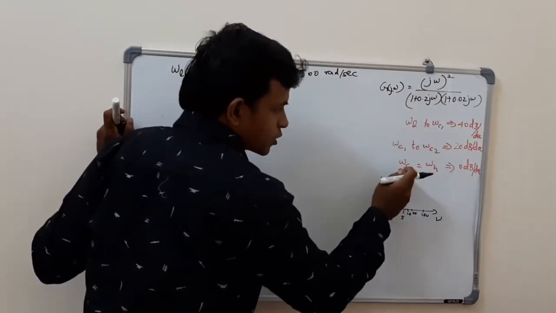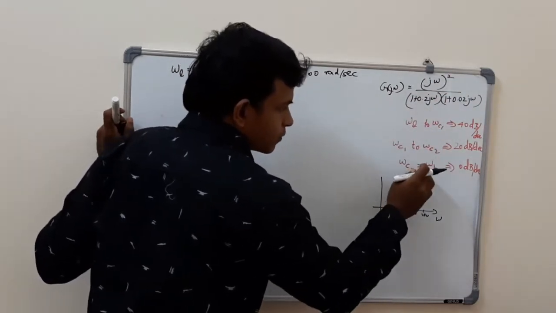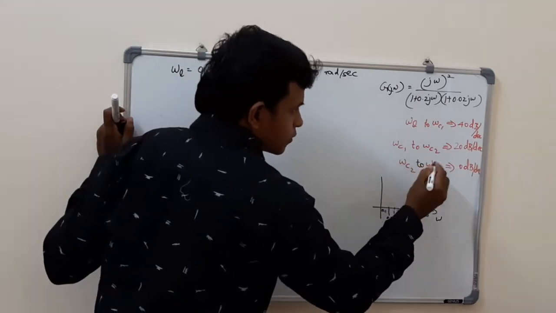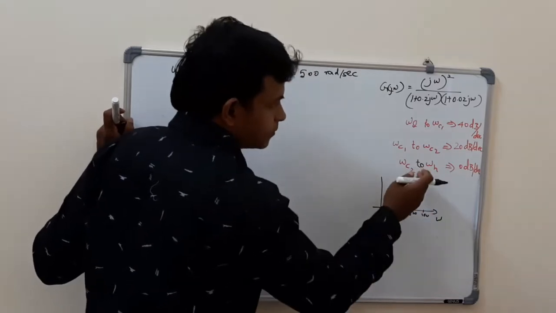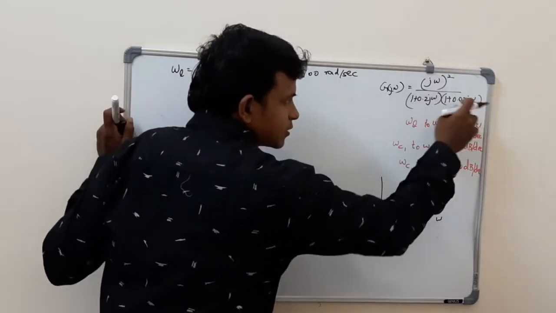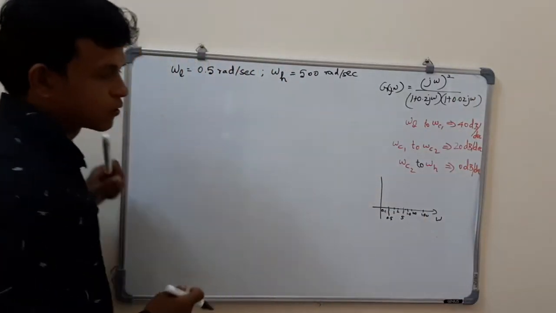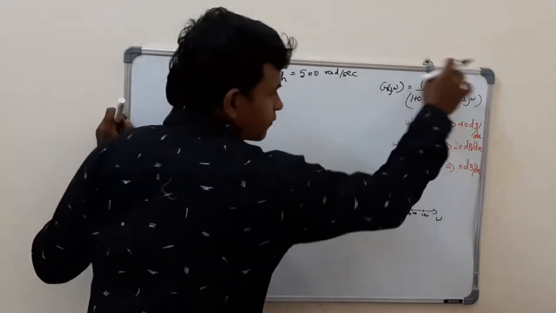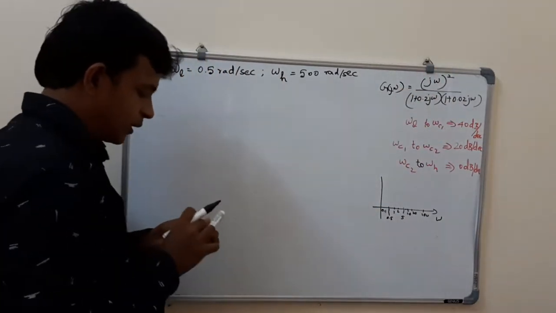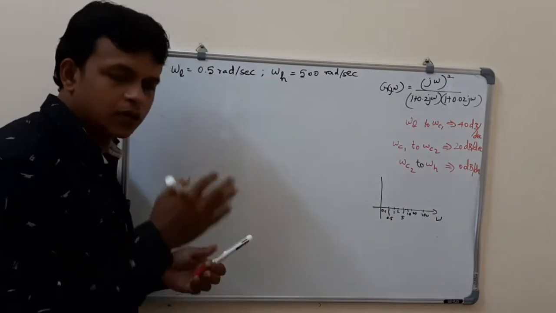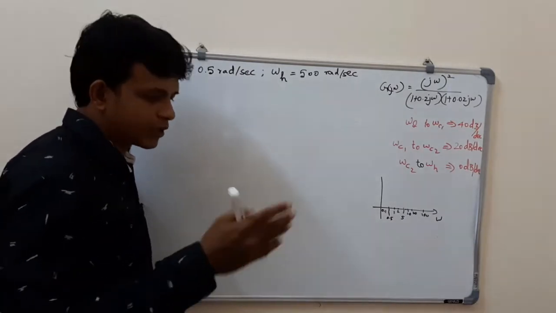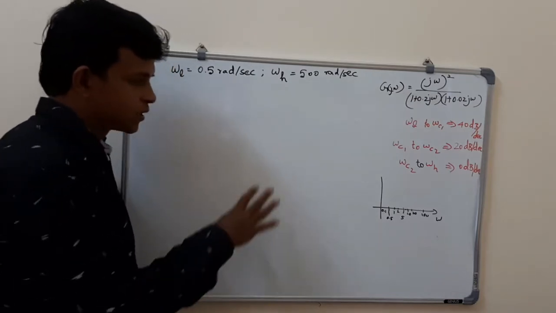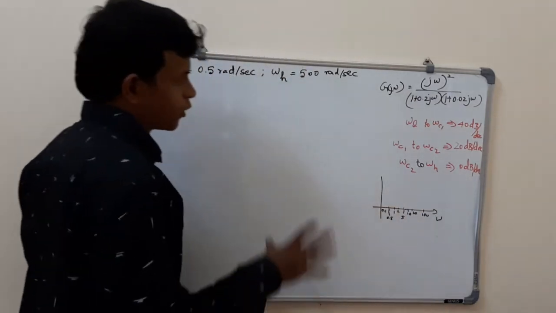Once the frequency crosses omega c2, that is 50 radians per second, then this factor also comes into existence. So the overall impact is produced by all the factors. We know that till the corner frequency, the first order factor or the quadratic factor will not have any impact. This is what we are going to plot here.